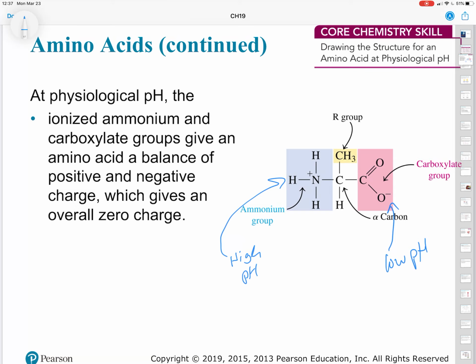But right in the middle, we have this little situation. We actually call this a Zwitter ion. The amino acids that have a net charge of 0 are called Zwitter ions. And actually, the pH at which this happens, we call the isoelectric point, and we call it the Pi. So Pi equals the pH where net charge is 0.